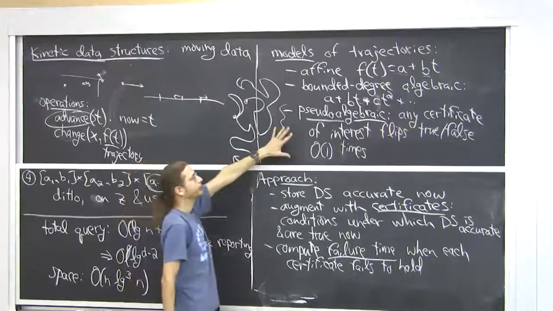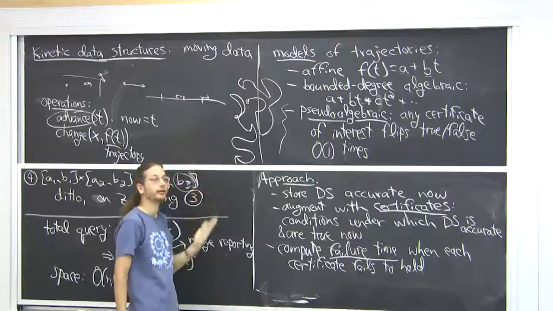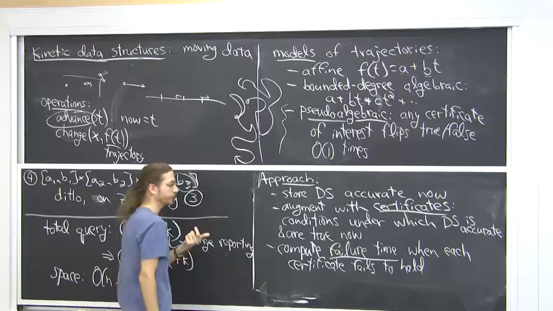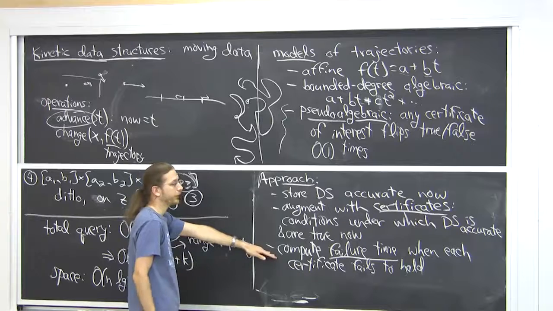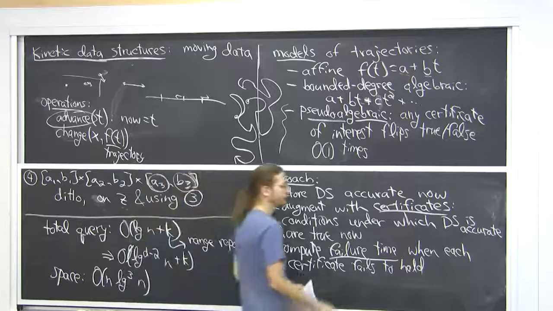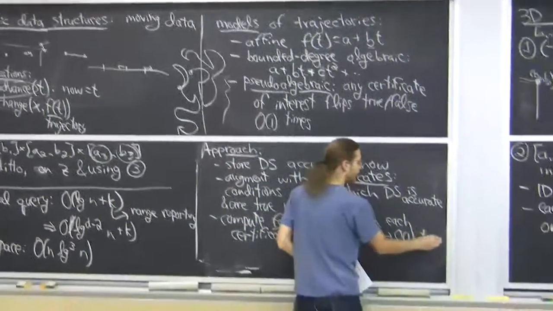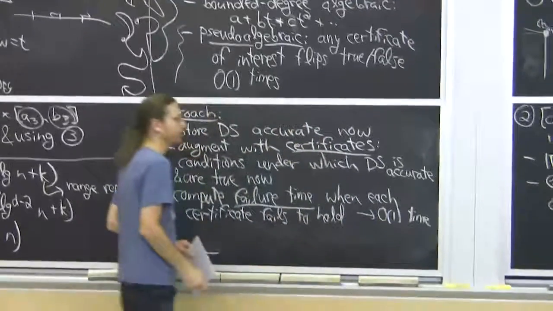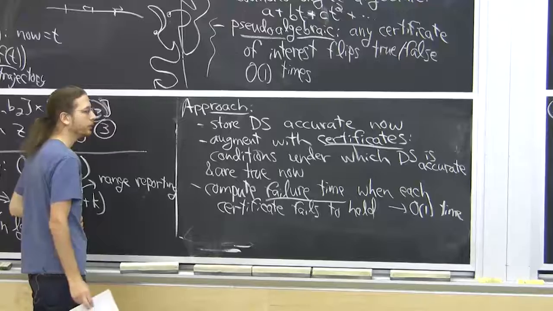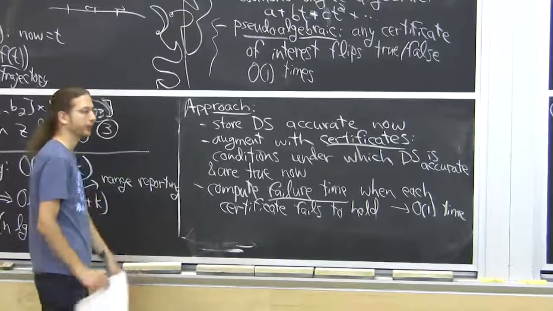If you have some constant-degree trajectories, you just see when is the time when they will be aligned vertically. After that time, they're going to switch who's left of whom. So just compute that failure time. I'm going to assume, as another assumption about the trajectory model, that this takes constant time per trajectory. Okay, I do that for every certificate, and then put those failure times into a priority queue.